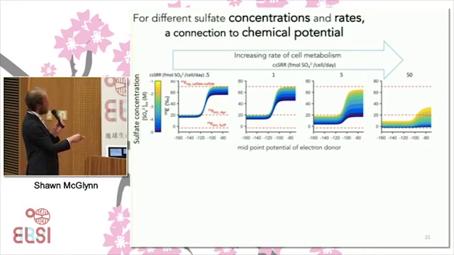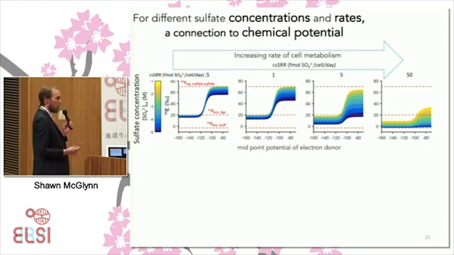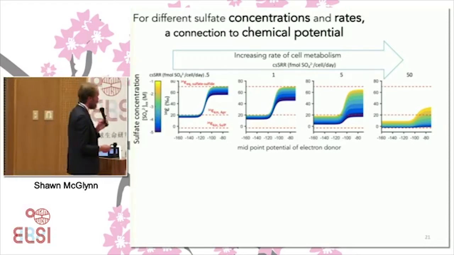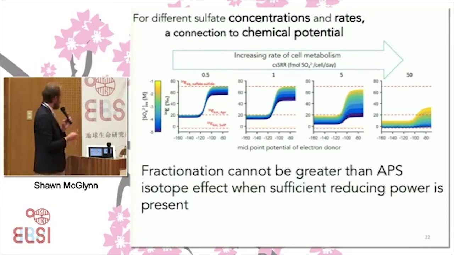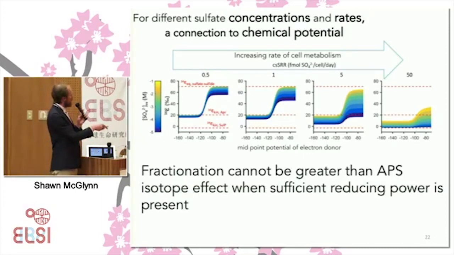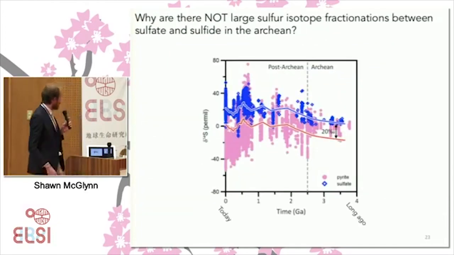But at these slower rates, again, as long as the cells have sufficient electron driving force, the sulfur isotopes can't really ever go above this value, which is set kinetically on this one particular enzyme. So that's just what I said. It can't increase more than the actual APS enzyme step when there's sufficient energy.